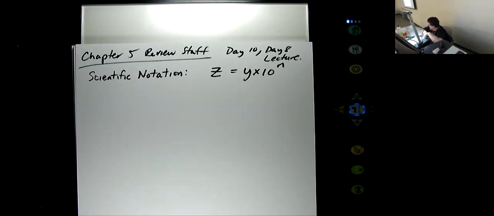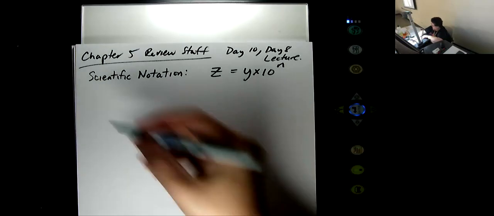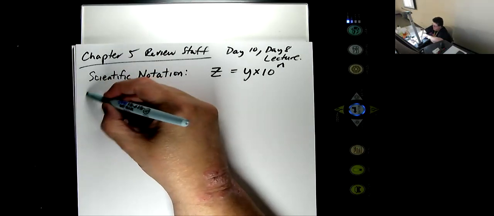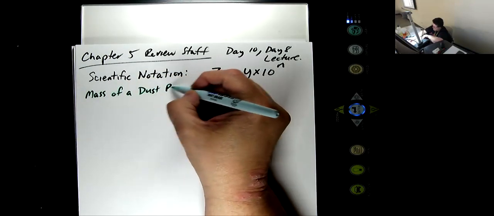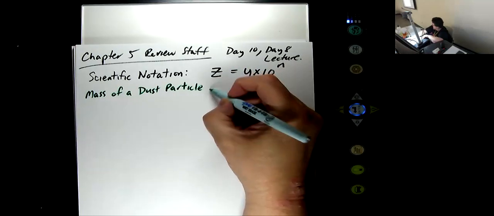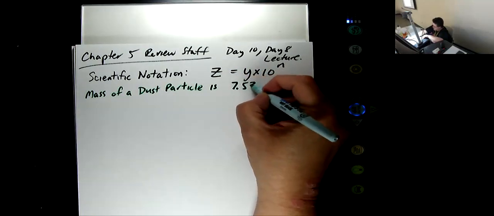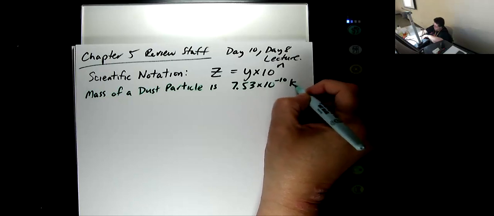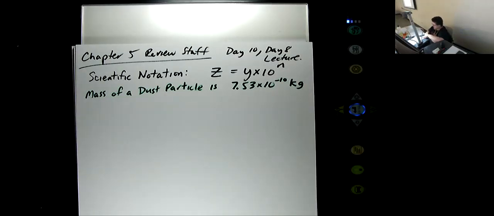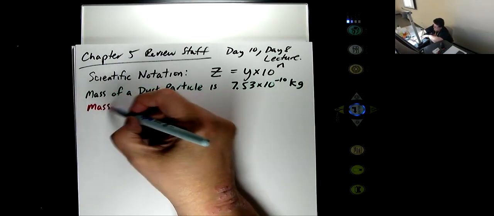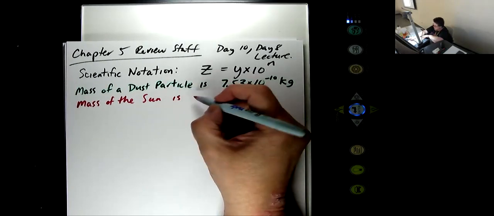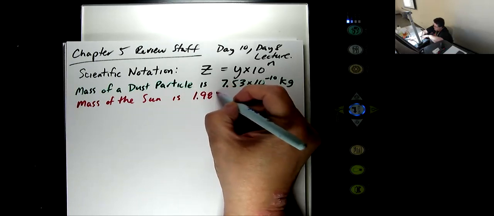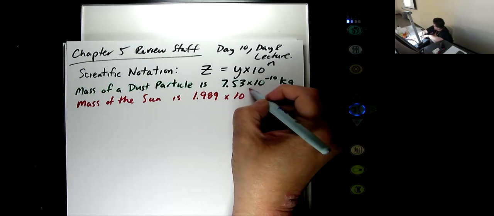To give this a relative meaning, the mass of a dust particle is 7.53 times 10 to the negative 10 kilograms. And the mass of the sun is 1.989 times 10 to the 30 kilograms.